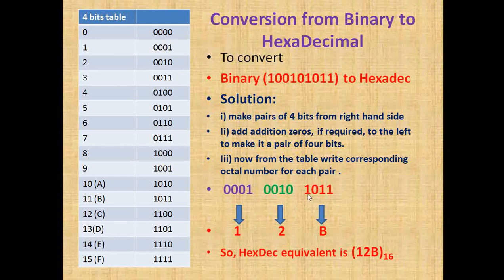Now each group of bits can be converted into a hexadecimal digit using this table.